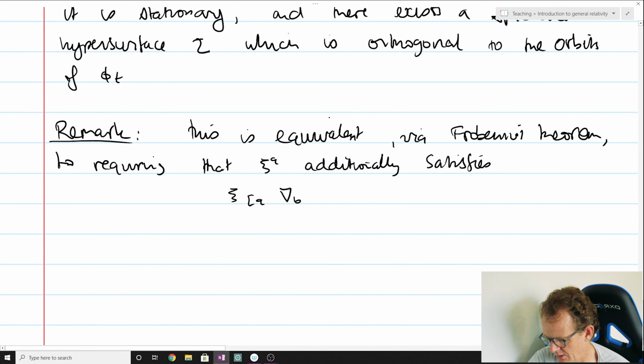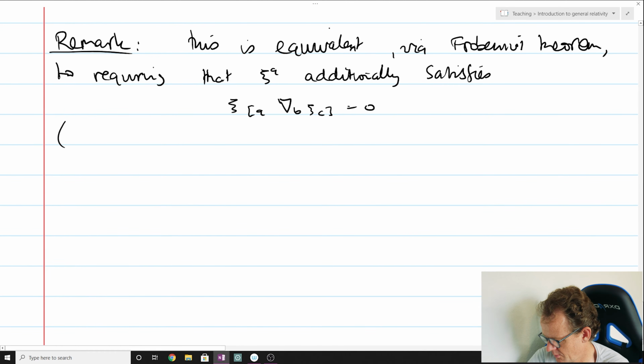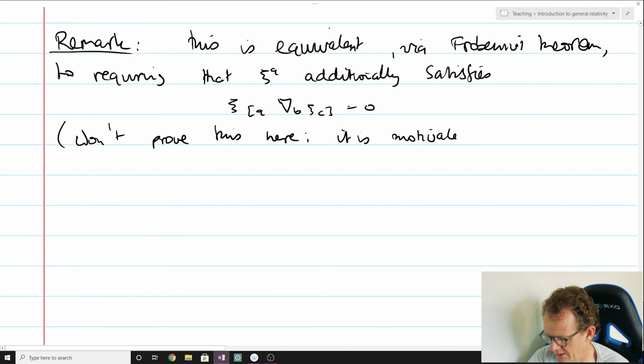This has got to do with the commuting of parallel transports. And we're not going to prove this here, because, as I said earlier, it is just motivation.